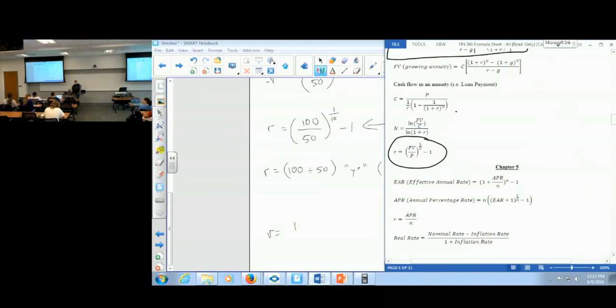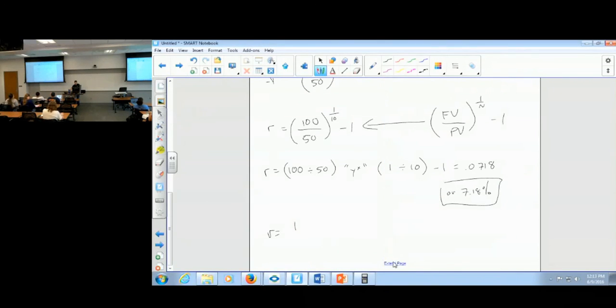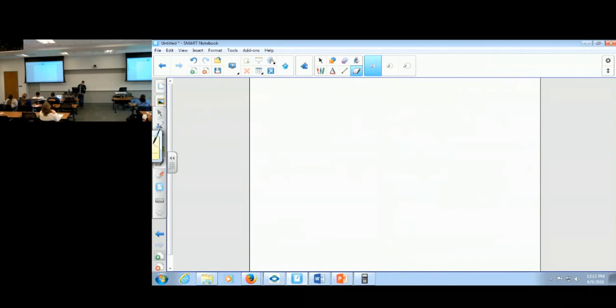The formula's a little funky. I'll let you guys play with it. It's not that big a deal. Solving for n though gets a little funky.